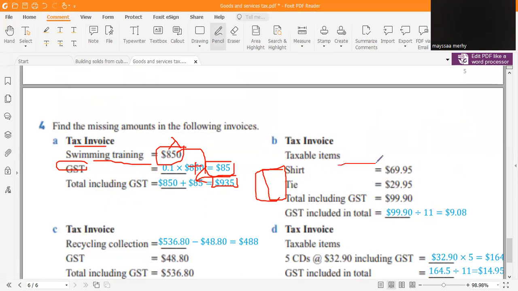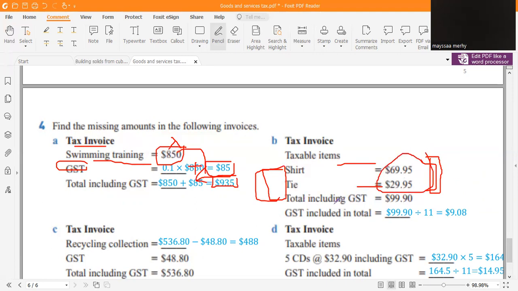Normally, the first one is $69.95, and the second, the tie, costs $29.95. We said before that we find goods on the shelf in any store with prices including GST. So normally these prices are including GST.